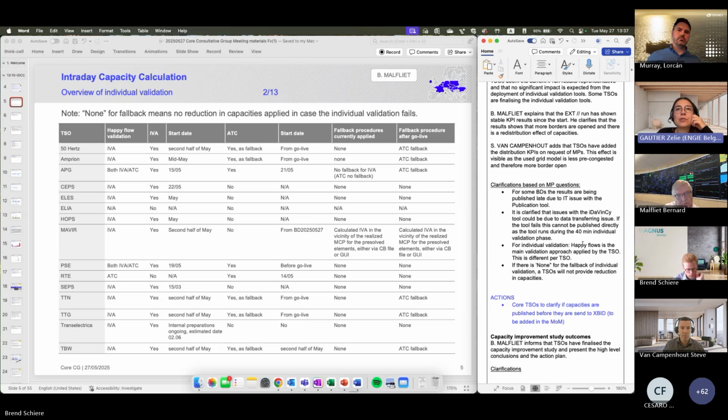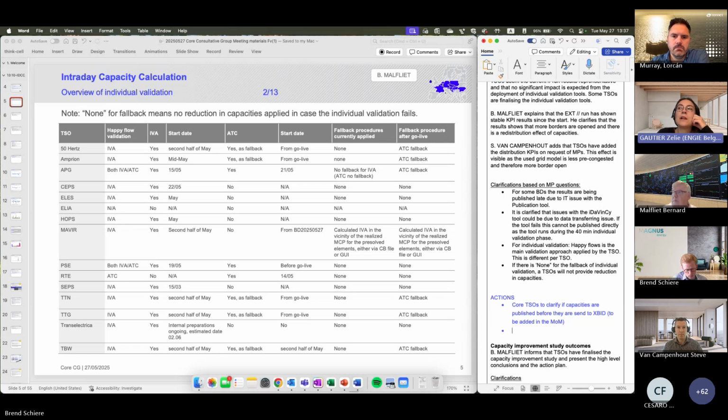Just a follow-up question to clarify also for capacity published before XPID: whether the go-live would be on the 25th of June as stated, and if you are going to confirm a bit before the 25th, when would you give the exact go-live confirmation?